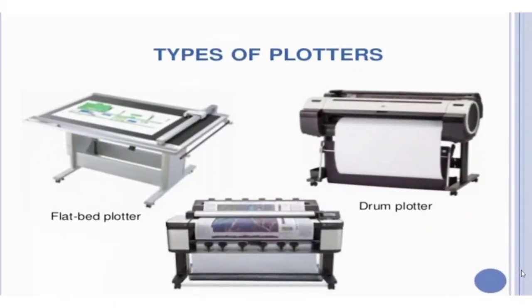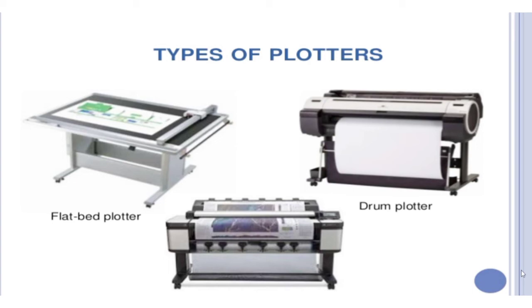Now, let's see how many types of plotters are available. Plotters are basically of three types: flat bed plotter, drum plotter and inkjet plotter. So first we will learn about the flat bed plotter. It is used to draw complex designs and graphics charts.